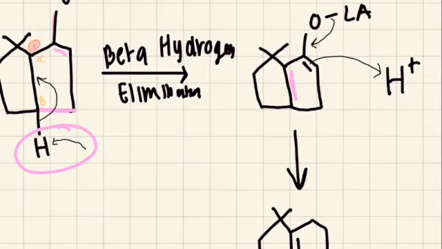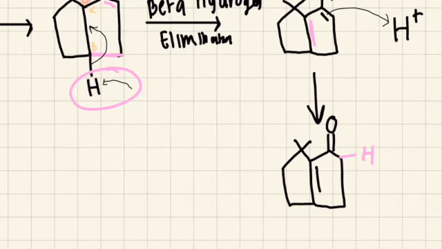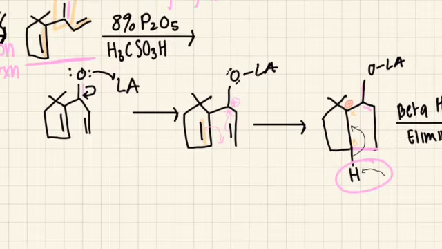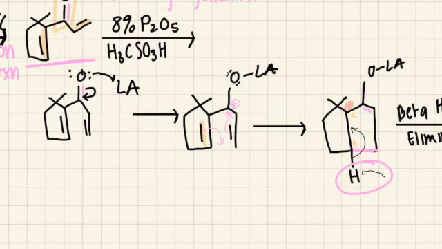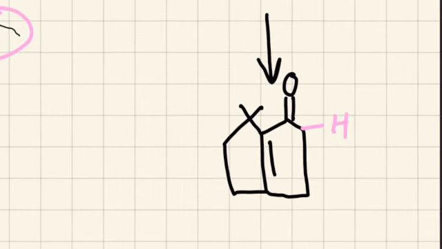So we removed that double bond and produced a ketone here, and we have the hydrogen that we picked up there. As I mentioned previously, this was only in the 8% phosphorus pentoxide and methane sulfonic acid solution for roughly 2 minutes.